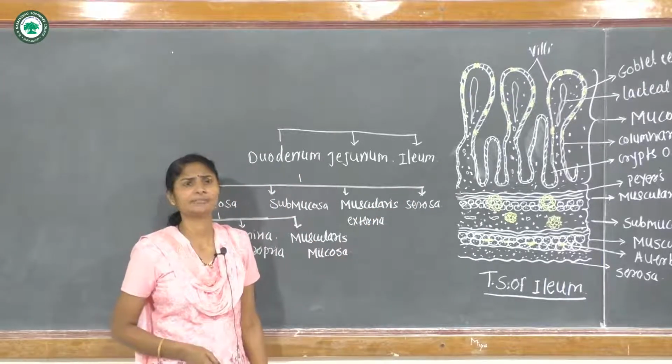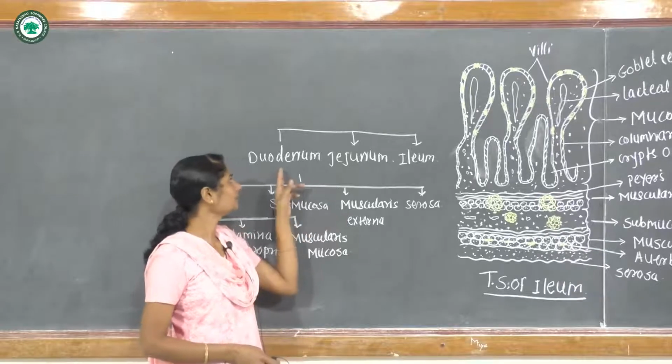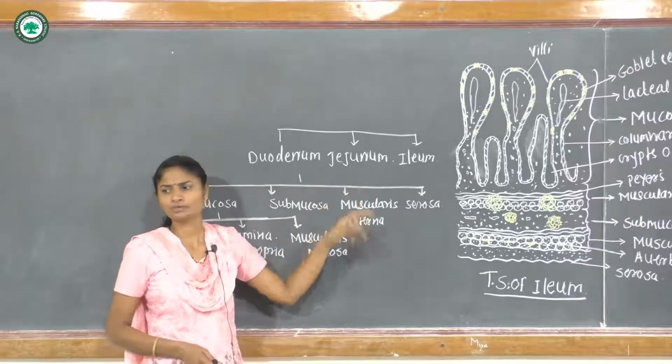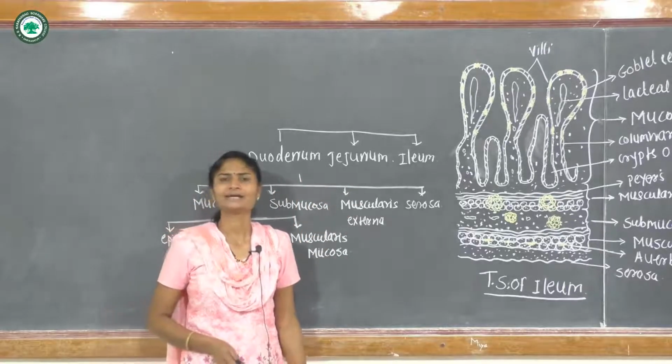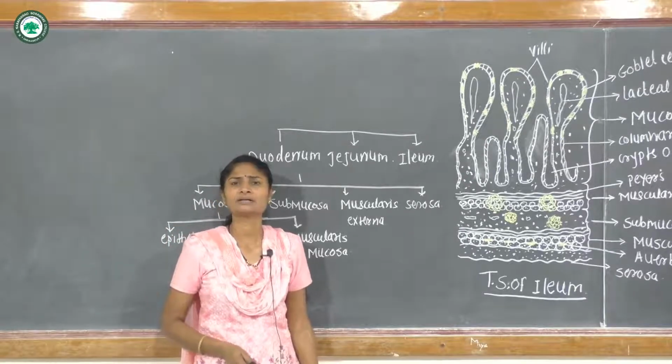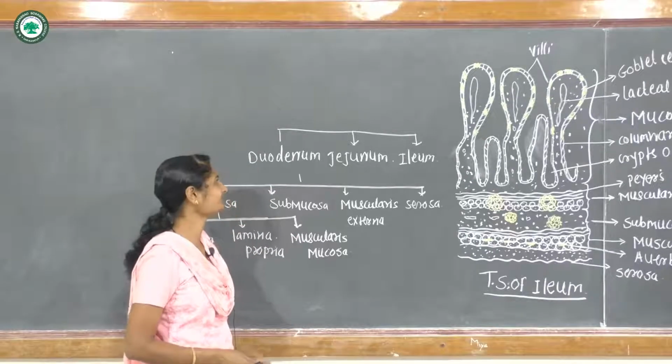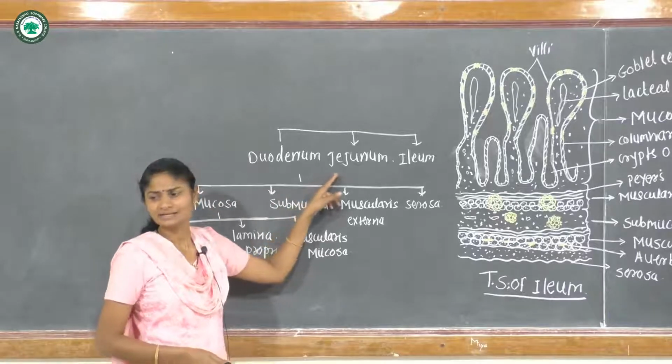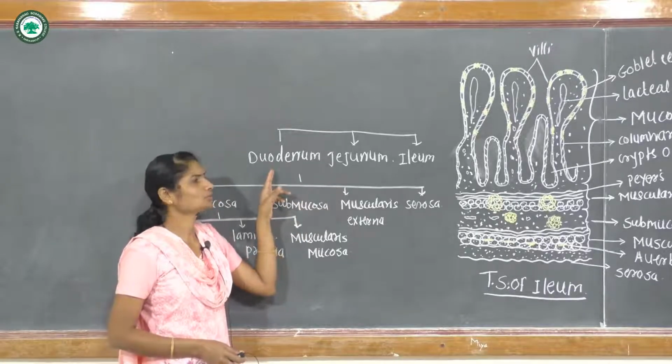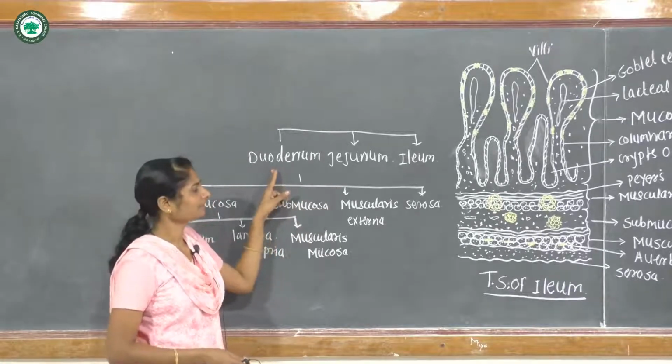This ileum differs from duodenum and jejunum, but it also has similar histological coats and glands as those of the duodenum.